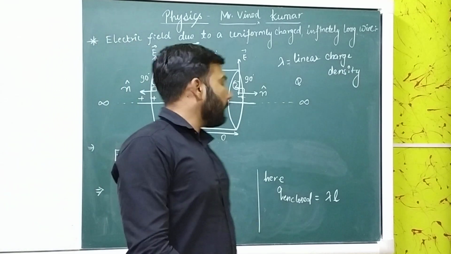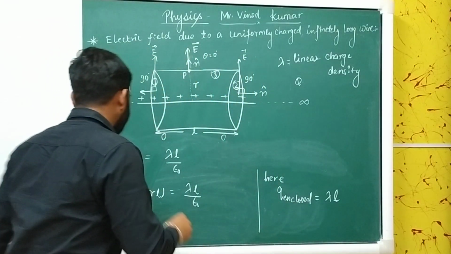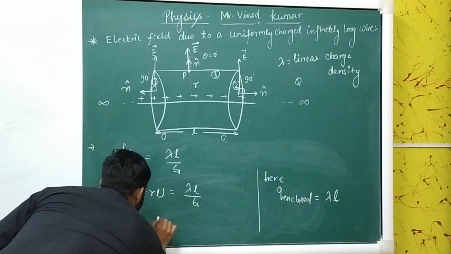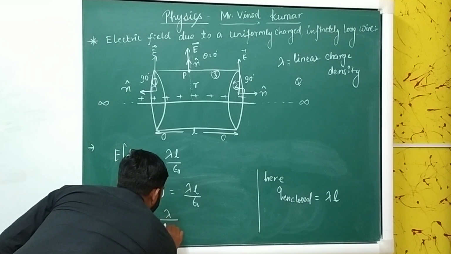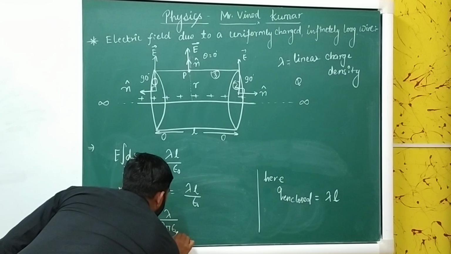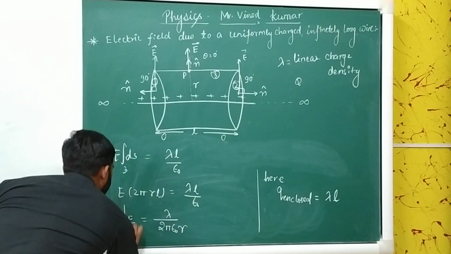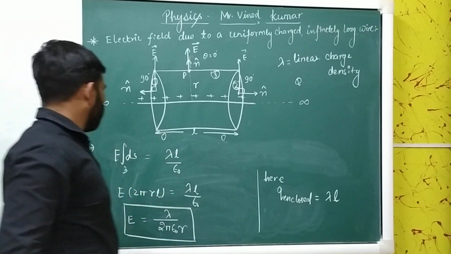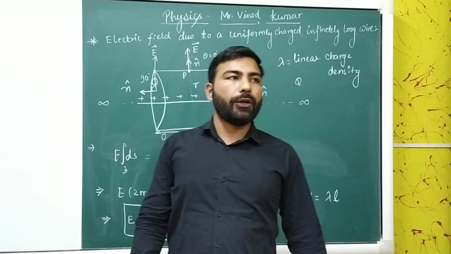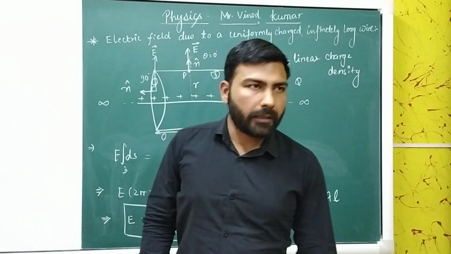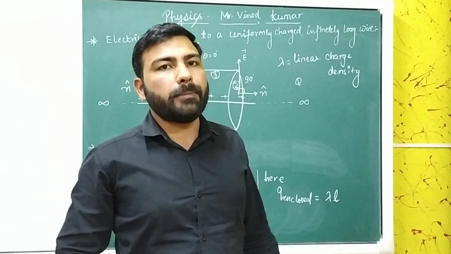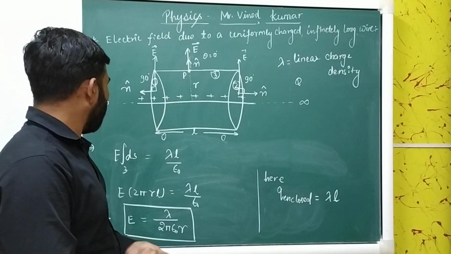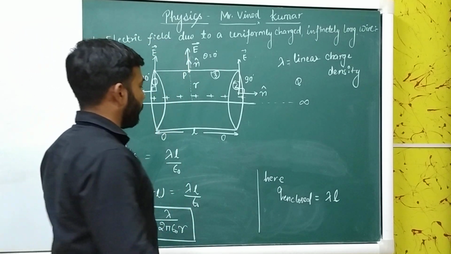Now this L and L will cancel out, and we get the electric field E equals lambda upon 2 pi epsilon naught into r. This is the equation of electric field due to a straight conductor wire on which positive charge is placed, where lambda is the linear charge density of the given wire.